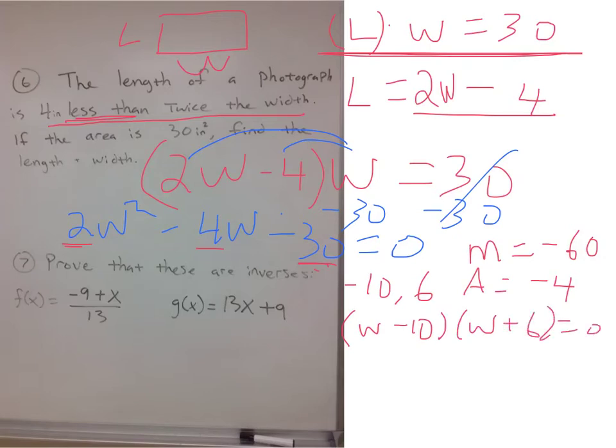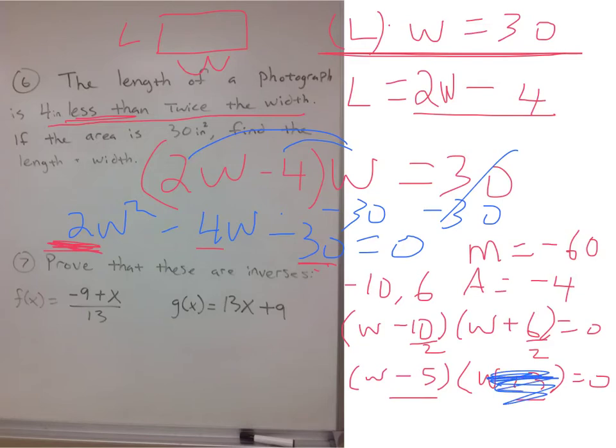Don't forget the bottoms up. There's a 2 in front, so I need to divide both of these by 2. And so w minus 5 and w plus 3. Solutions are just the opposite signs, so it looks like it's going to be a positive 5 and a negative 3. Well, guess what? I can't have a width that's negative 3, so this one actually isn't useful.